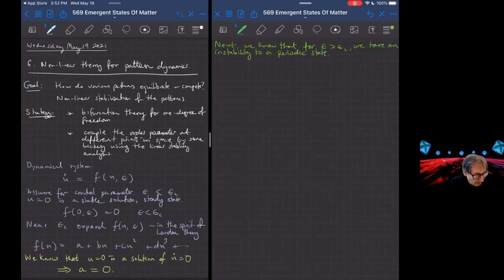And so that must mean that b itself must change sign around epsilon c.